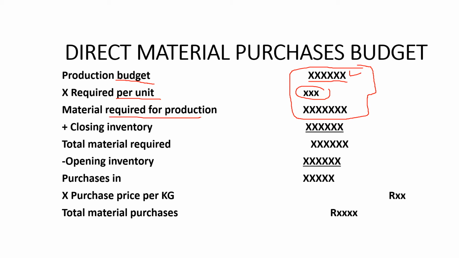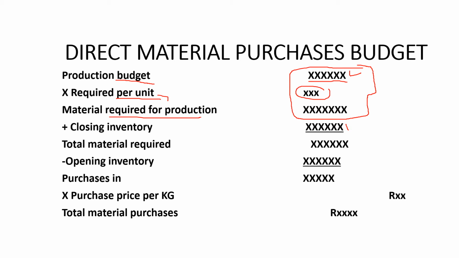How do we do it? You multiply production volume by requirements per unit. You ask yourself how many materials are required per unit. 5 liters, you multiply by the number of units to produce, then it gives you material required for production.